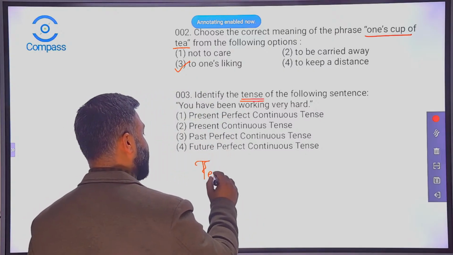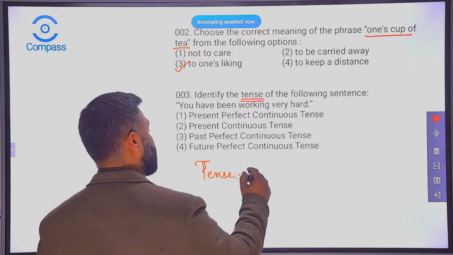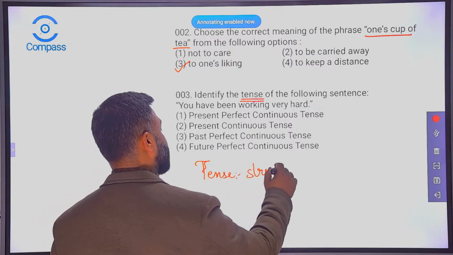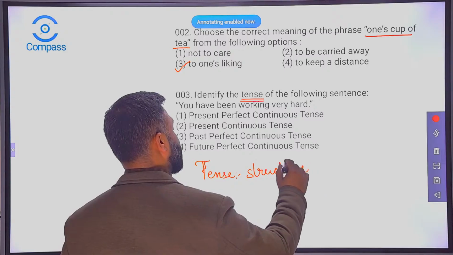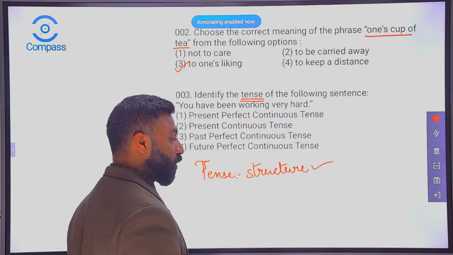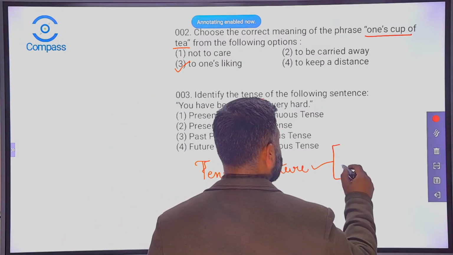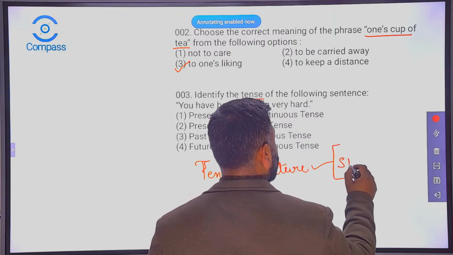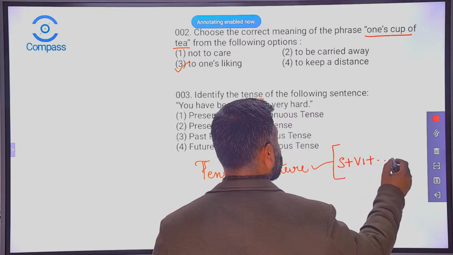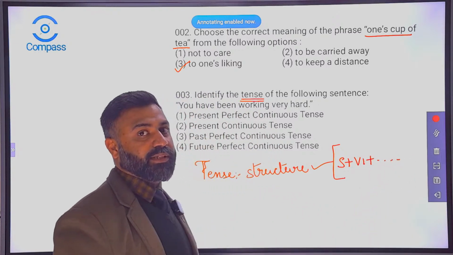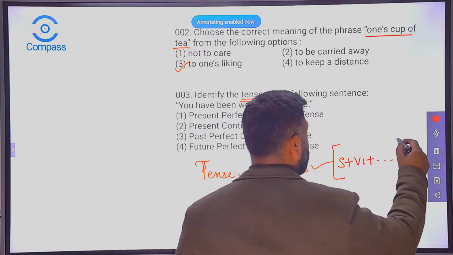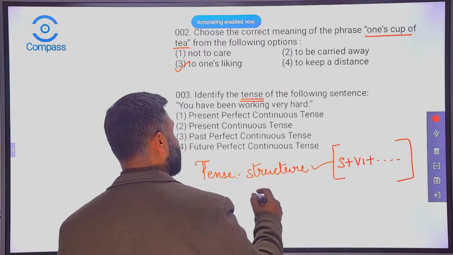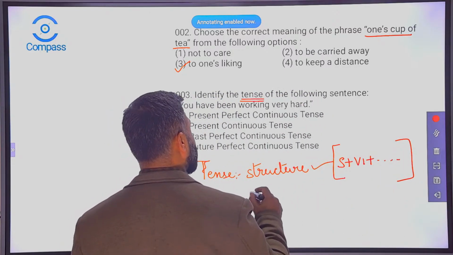Tense, structure, that's very important. You need to know the structure. What do I mean by structure? You must have seen S plus V1 plus something like that. That's a structure. So you should know the structure. And the second thing is usage.